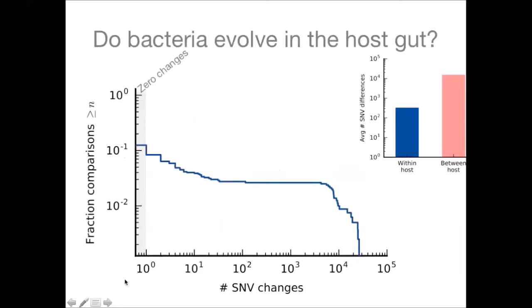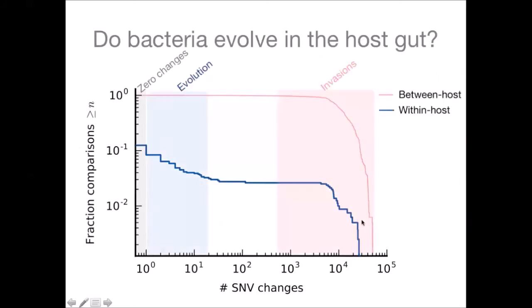And that is actually averaging over what's going on here and here. And if we plot on this plot the number of SNP differences between hosts, you can see that on average we have about 10,000 SNP changes. That allows us to categorize what's going on within hosts as either evolution or invasion, because the invasions are more consistent with what's going on between hosts.